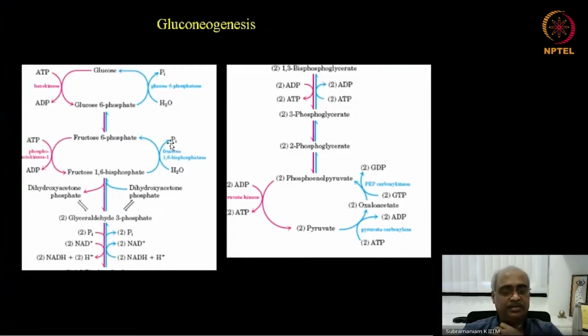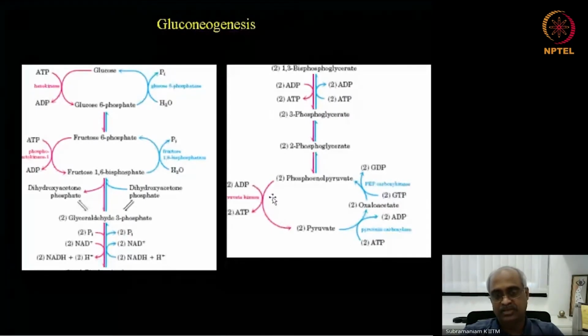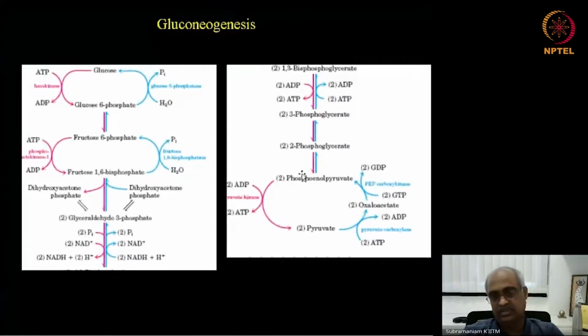Looking backward, from pyruvate back to glucose, the pyruvate to phosphoenol pyruvate direction is not reversible by the same enzyme. Pyruvate kinase will not go back in this direction.